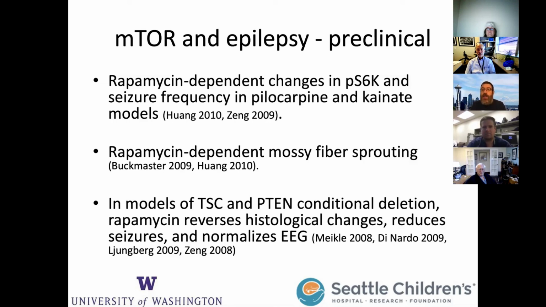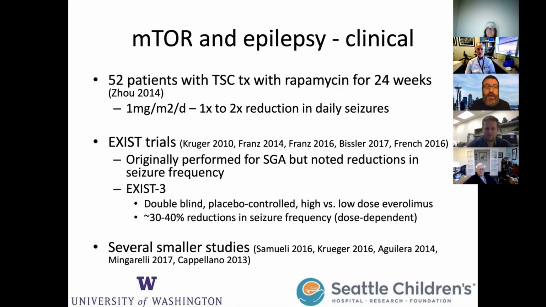It also changes the way their hippocampus changes with status epilepticus and reduces mossy fiber sprouting. And in models of TS and PTEN conditional deletion, when you pre-treat them with rapamycin, they don't seize. And their EEG normalizes. This is in animal models. The majority of clinical experience that we have with mTOR inhibitors to date is in the TS population.